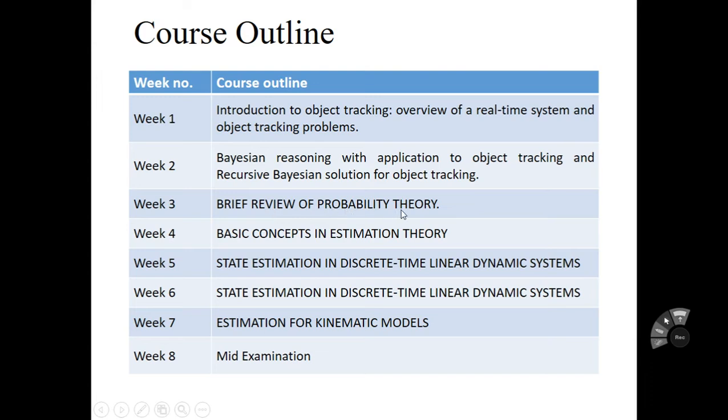The probability theory is very important before going to estimation, because the subject is based on the probability of object existence, and then basic concepts in estimation theory. This chapter will cover 2 weeks: state estimation in discrete-time linear dynamic systems, and then estimation for kinematic models. Then you will have a mid exam.